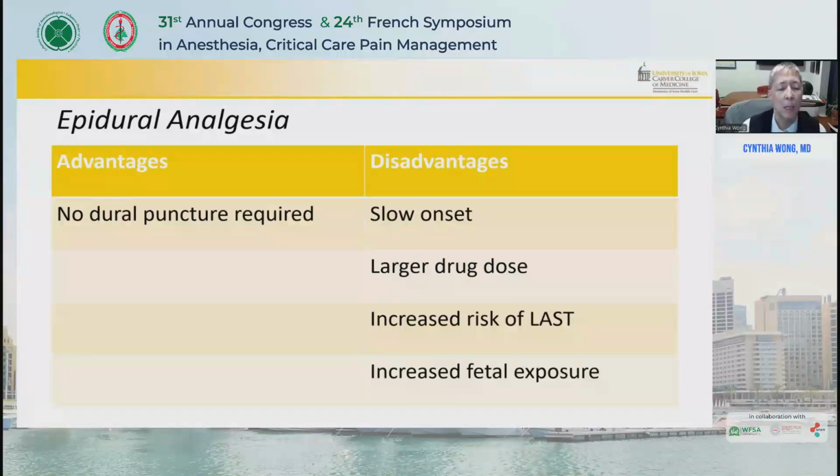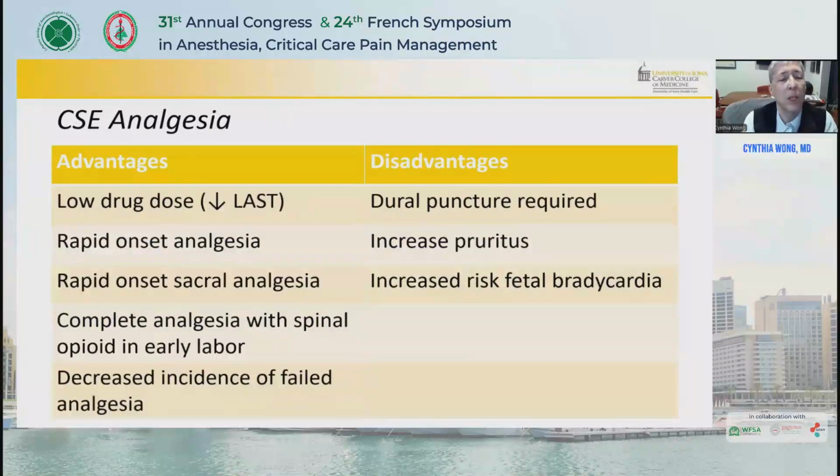Because one needs to use a larger drug dose, there is an increased risk of local anesthetic systemic toxicity, or LAST, if that dose is accidentally injected into a blood vessel instead of the epidural space. And again, because one uses a higher dose, there's more absorbed into the bloodstream, and there's increased fetal exposure to our anesthetic drugs.